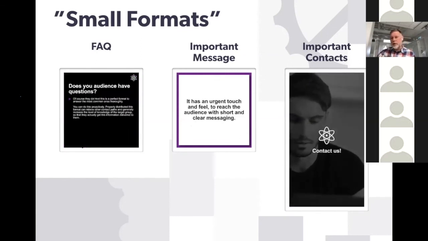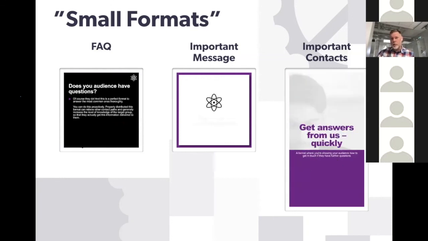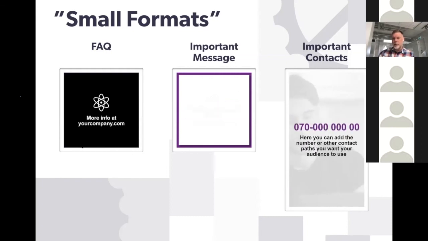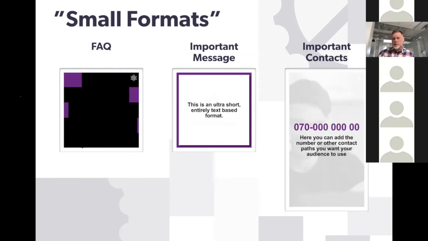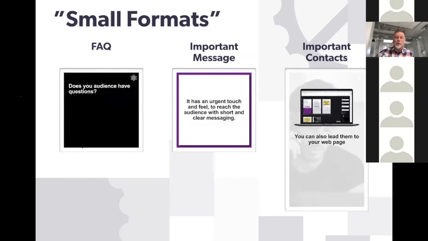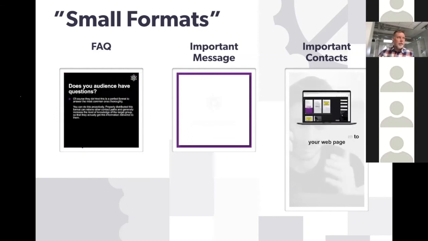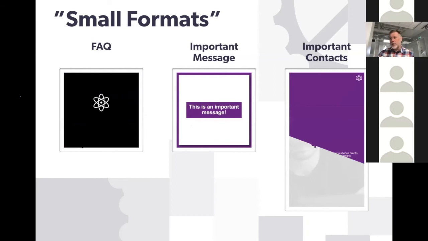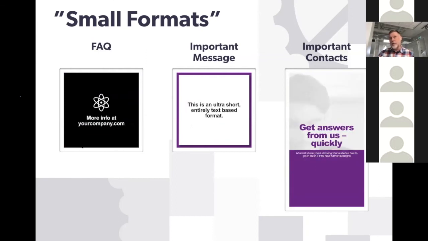We also have a really short, urgent bulletin format that is super simple to use. If there's something you need to get out, an important message to the general public, it is, as it says in the script, ultra short and entirely text-based. It will take you 15 seconds to produce. I'm exaggerating, it will take 30 seconds. And you can get it out the door within 5 minutes.